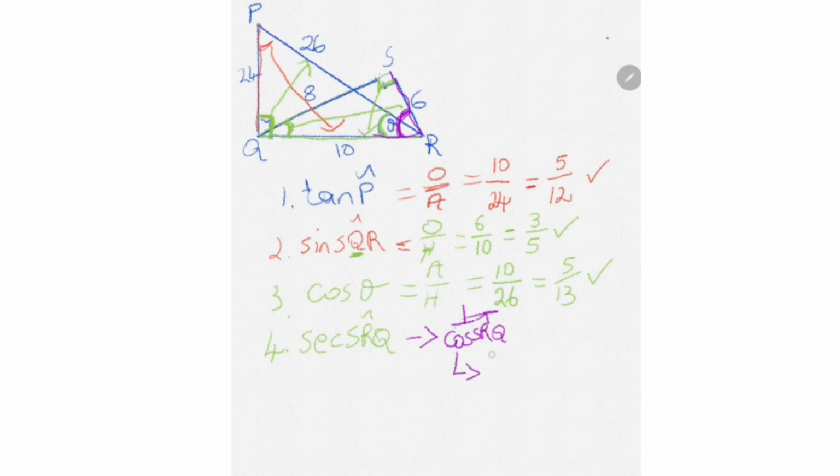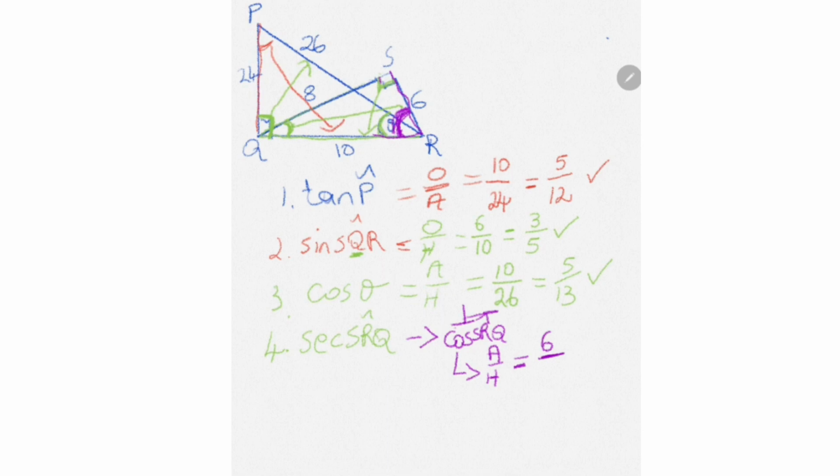We know by now that cos is adjacent over hypotenuse. Let's check what's adjacent to this purple angle here. That is side SR, which is equal to 6. And what's the hypotenuse?